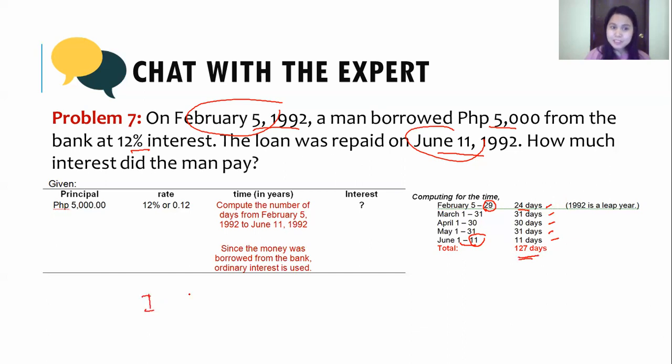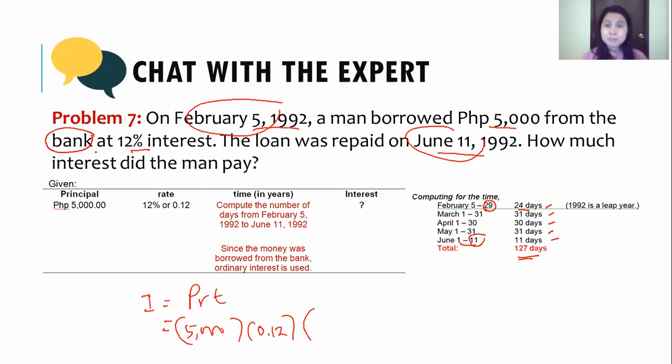Let's compute for the interest. Principal times rate times time. That's 5,000 times 0.12. Now, where was the money borrowed? The money was borrowed from the bank. So we will have the ordinary or the banker's interest over 360.